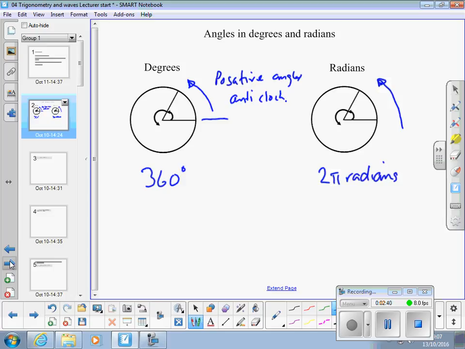So an angle over here is pi radians. 90 degrees is pi over 2. Three pi over 2, or 1.5 pi, is 270 degrees. Okay?